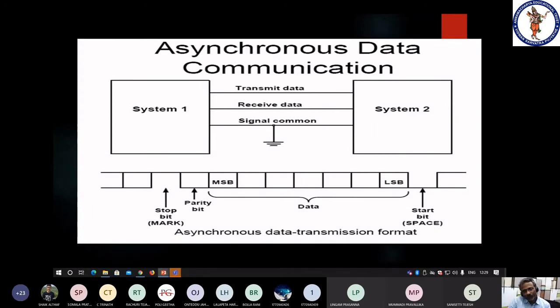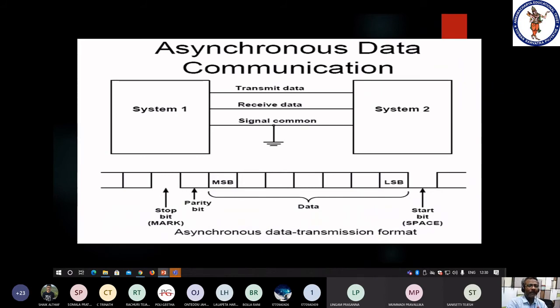So during the idle case the channel consists of a sequence of ones. For differentiating that data is initiated, the start bit is always made 0.